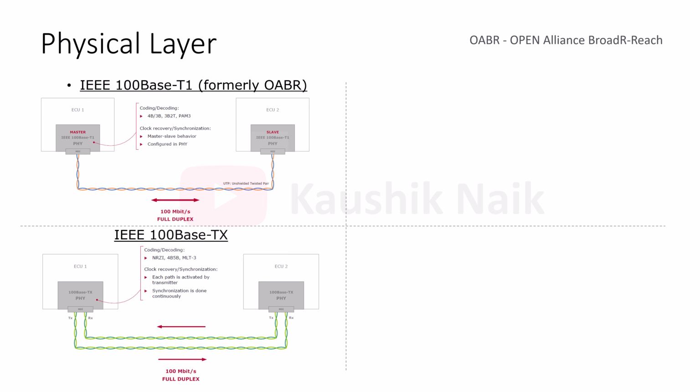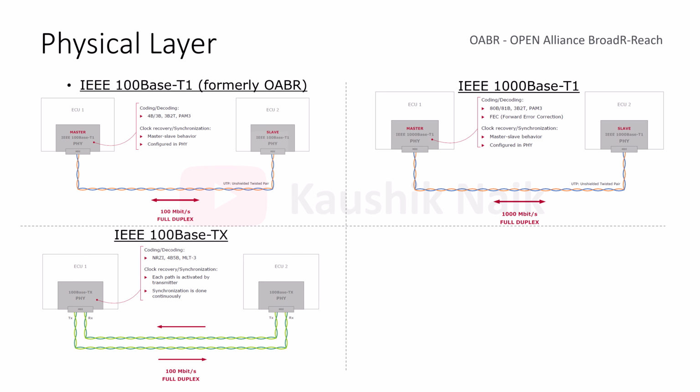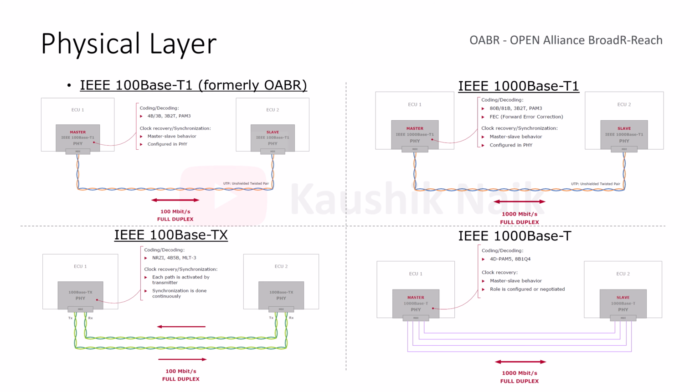Next we have 1000BASE-T1 and 1000BASE-T, which operate at 1 gigabit per second, but the difference between them is that 1000BASE-T1 uses a single twisted pair of cable and 1000BASE-T uses 4 twisted pairs of cables for communication. This is a brief explanation about the Ethernet PHYs, but you must learn more about them. I must say it is very interesting and very important to know in detail.